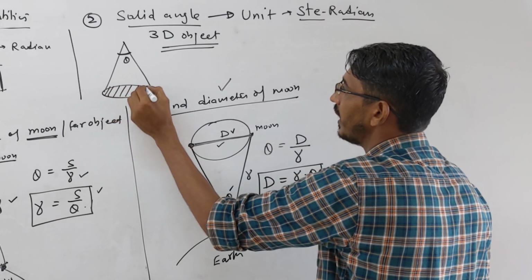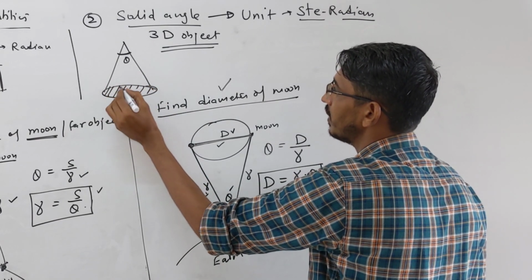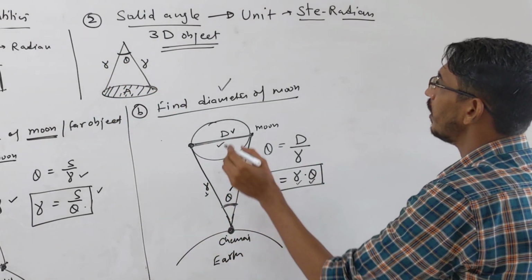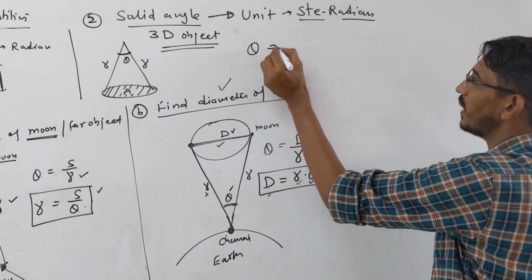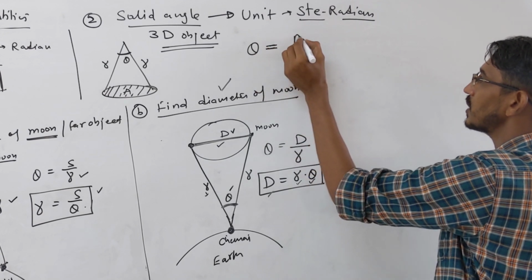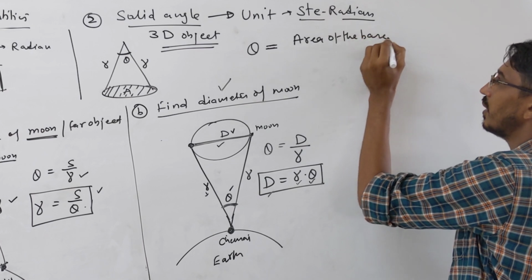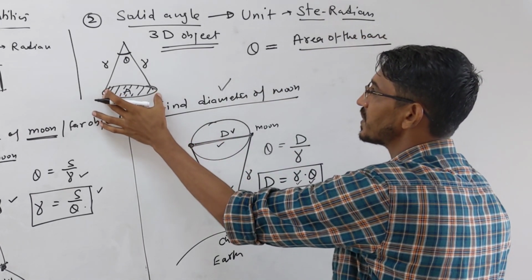This is called the area of the base, we write the symbol A, and the height or radius we call r. Then how is this theta, the solid angle, given, what is the formula? A is the area of the base, the base which subtends an angle.